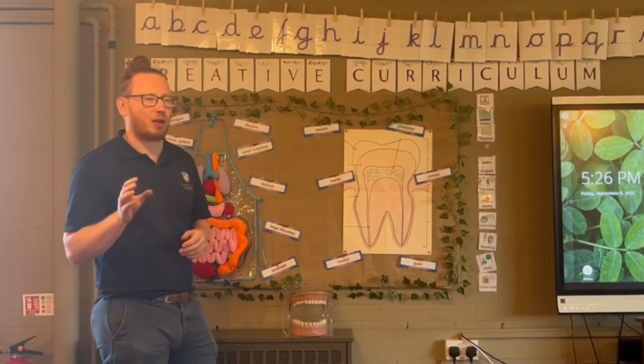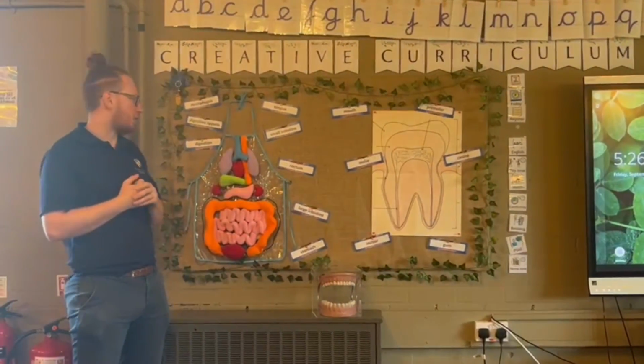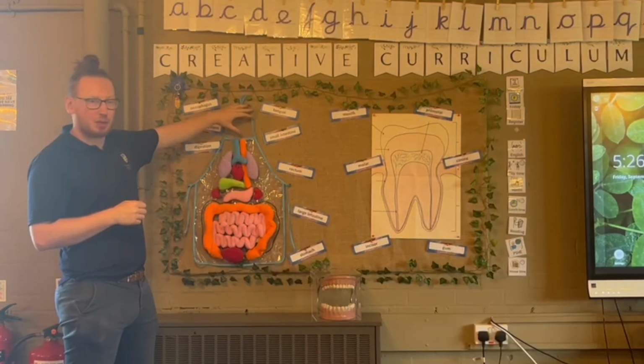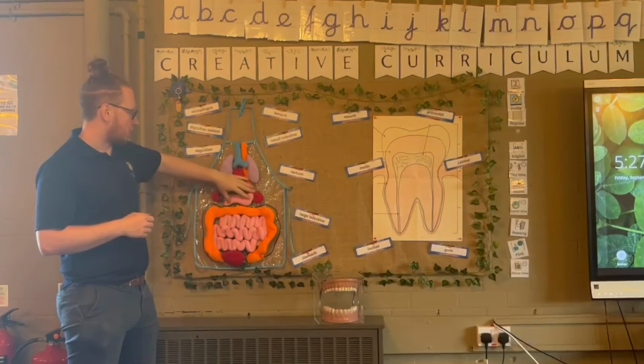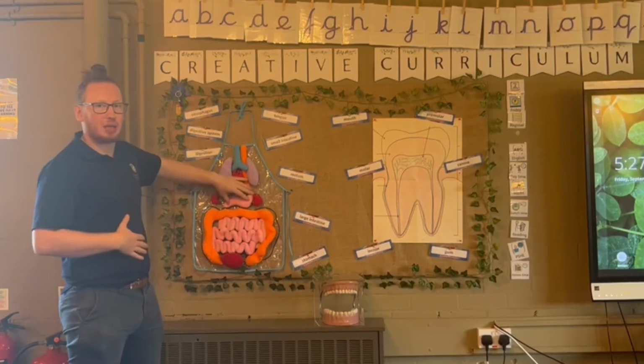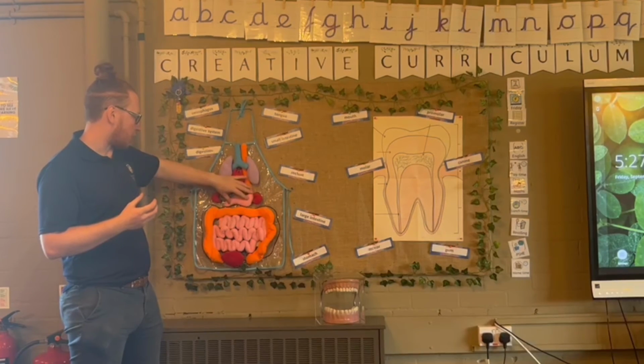As we move throughout the half term, we will also move on to looking at the other areas of the digestive system. Starting off obviously with the mouth and the teeth, it will come down the esophagus, down into the stomach. Once it's been in the stomach, where it has the stomach acid, which will be breaking down the food, it will go into the intestine.